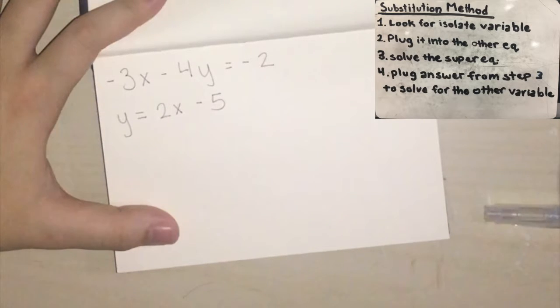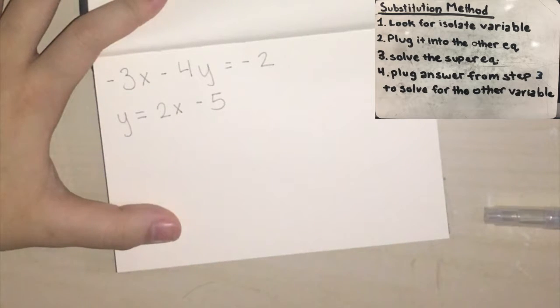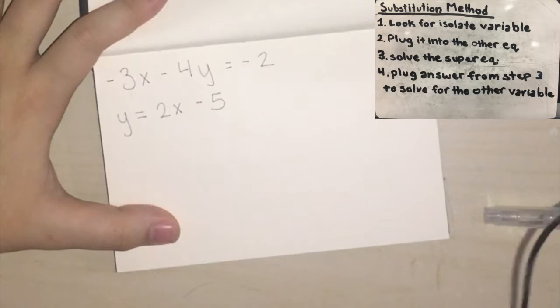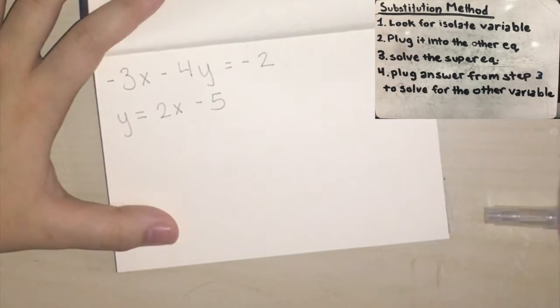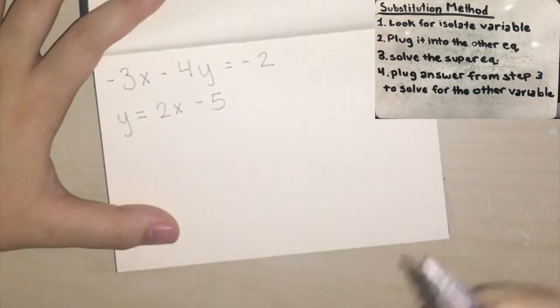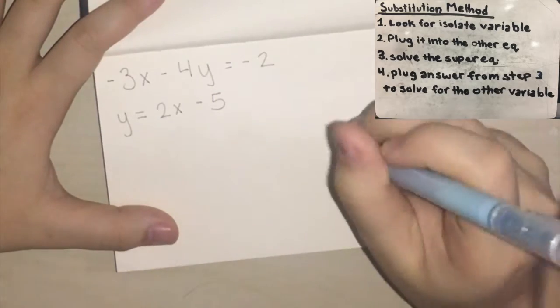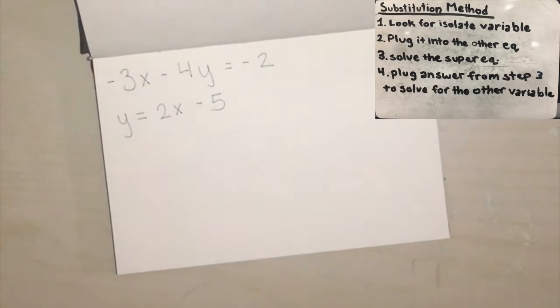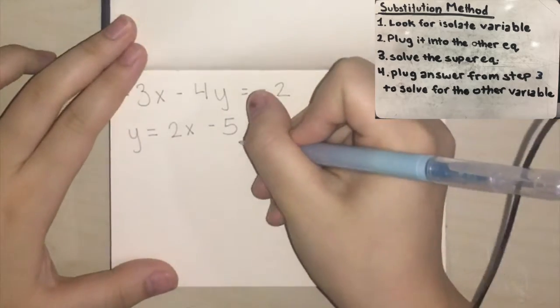For the substitution method, we have 4 steps. Our first step is going to be finding the isolated variable, and our isolated variable is this one.